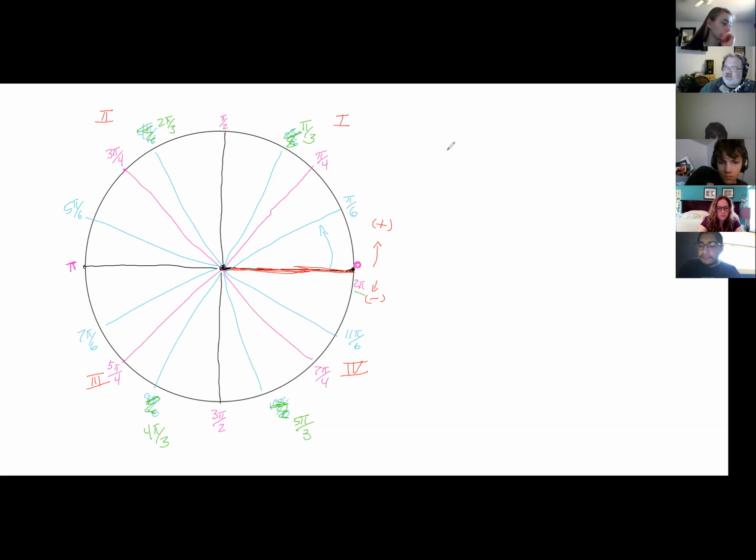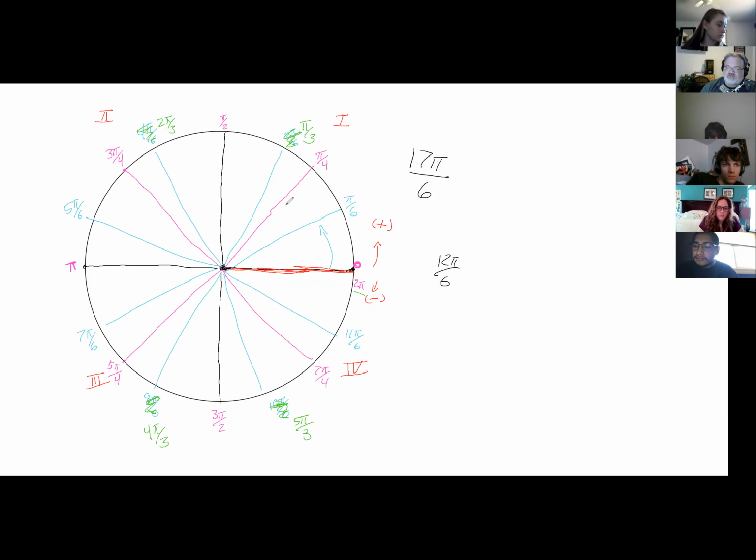Because then when somebody does come along and says, hey, how much rotation is 17 pi over 6? And you say, I don't know. You go, well, how many pi over 6s are there in a full rotation? Well, there are 12 pi over 6 in a full rotation, right?